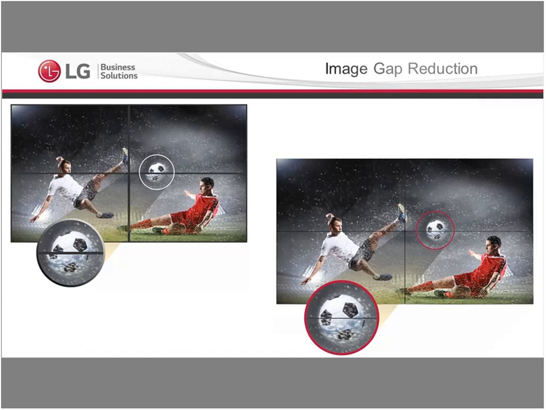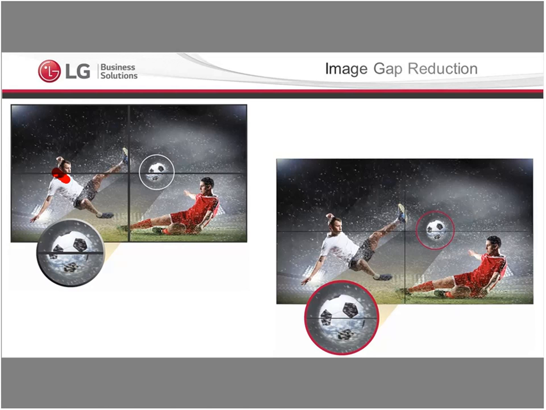So these visuals here on the screen give you an idea of exactly what that is. As a soccer ball is moving from one panel to the next, you could have a little bit of distortion if you don't have the proper video wall solution. But the good thing with our particular solution, you will not have that at all.